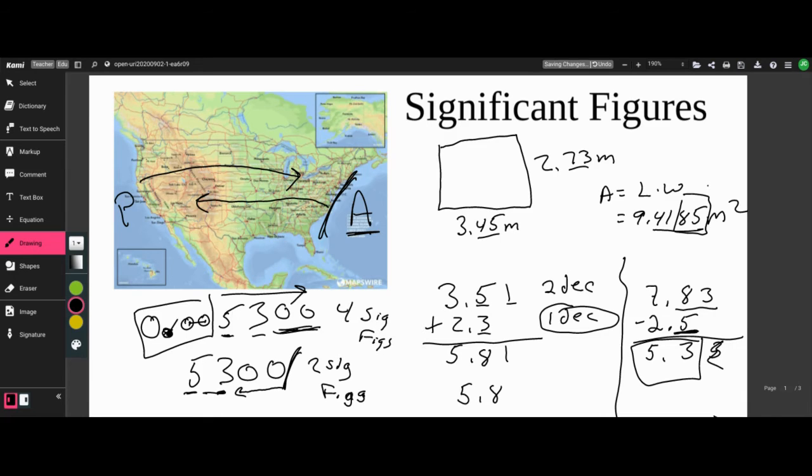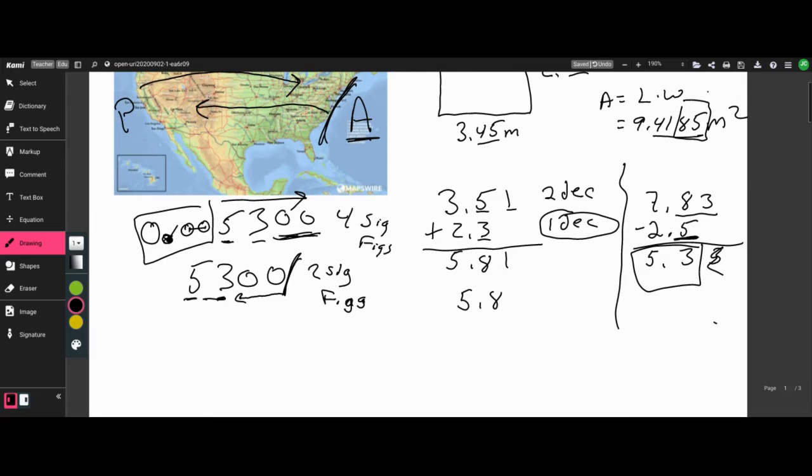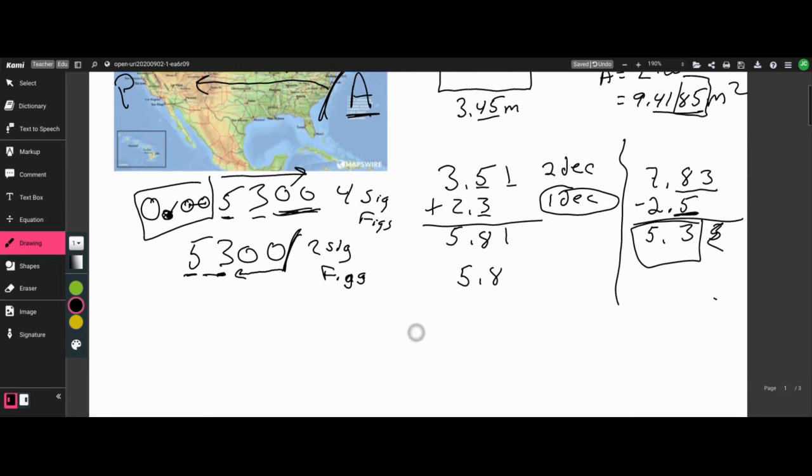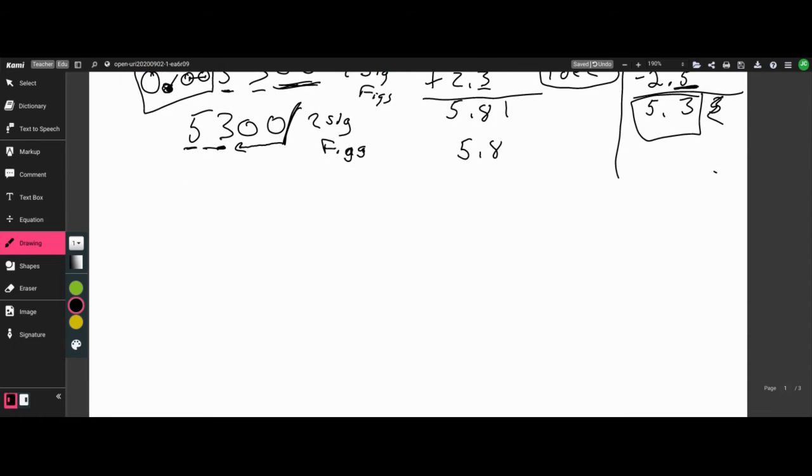Let's see another example of that. Let's say that I have the number 0.031020. So that number would have how many significant figures?